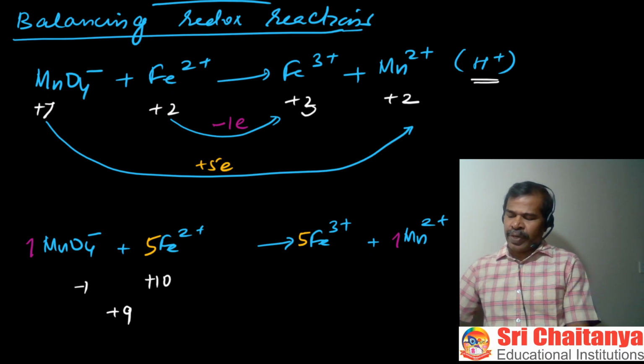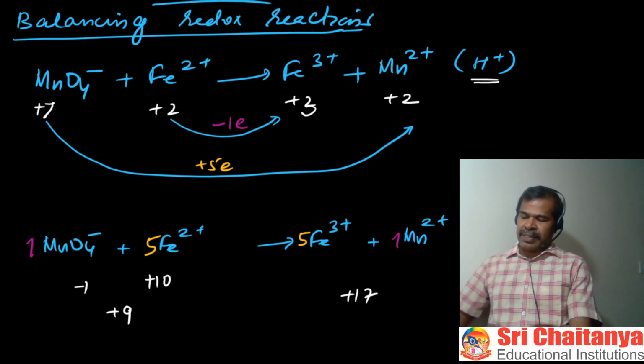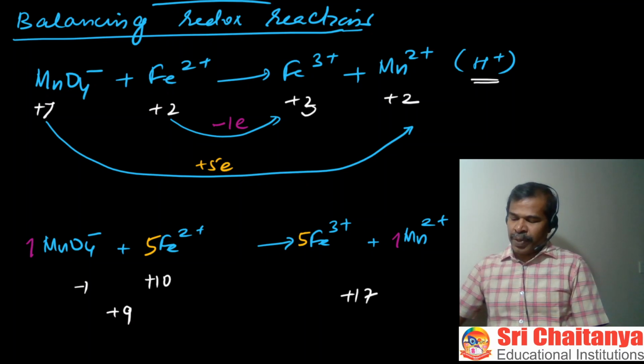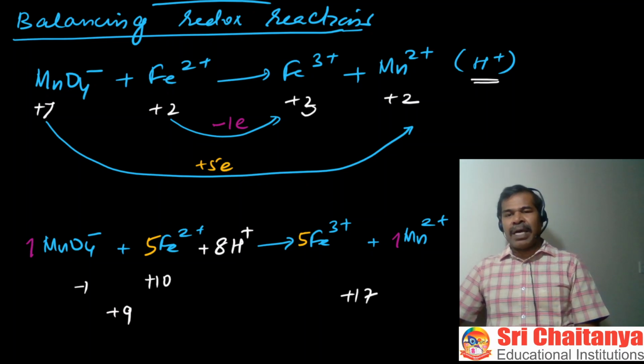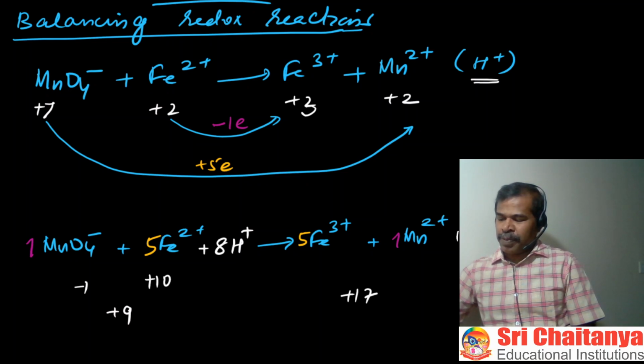On the right side you look at 15 plus 2, it is 17 plus. We need to balance it. So we need to add 8 positive charges on the left side. So you add 8 H⁺ ions here. Now you just balance hydrogen. So you put 4H2O on the right side.